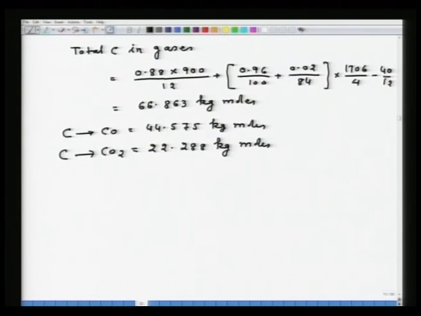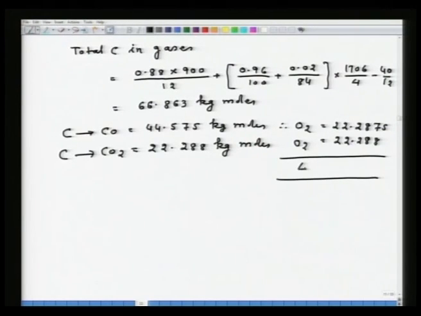Then we find out O2 required for 44.575 moles of CO, that will be equal to 22.2875, and O2 required to form CO2, well, C plus O2 gives CO2, is 22.288. So, the total amount of oxygen that you require to supply is 44.5755.